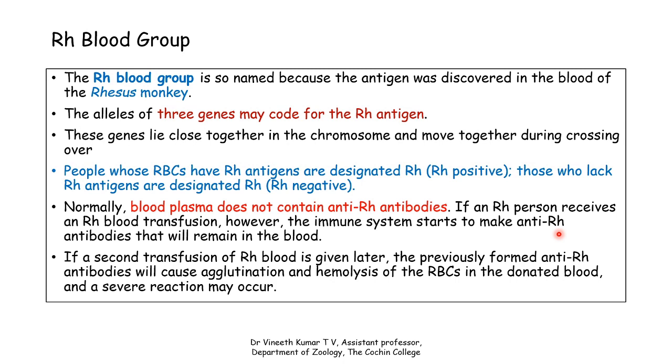Behaving as a single gene does not mean that they can be considered a single gene. They are three different genes, but because of their very close position, if that particular area is involved in crossing over, all three genes will be transferred together, or recombined together. That is the importance of the genes lying very close together in the chromosome and moving together during crossing over.